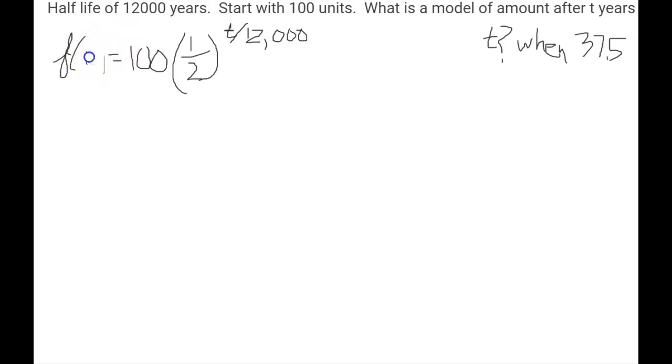You type the first function in as y1 of x, and then of course you type all this in. Watch out for parentheses, etc. It's going to be x, of course, because that's the variable it uses.